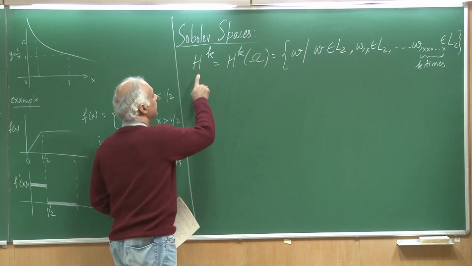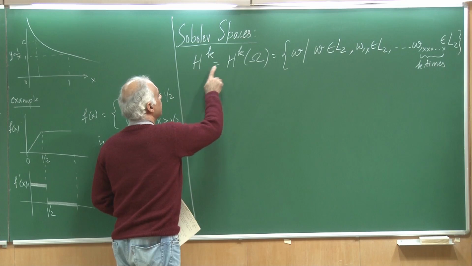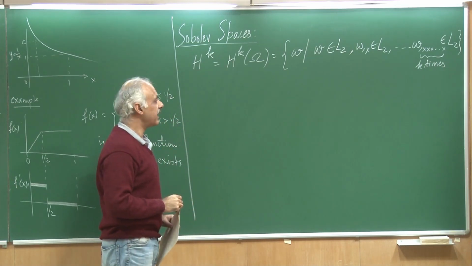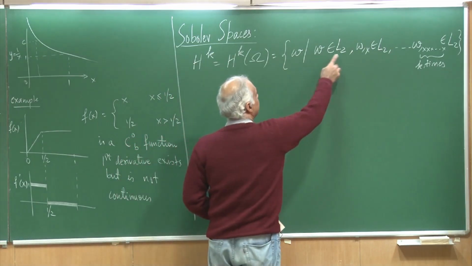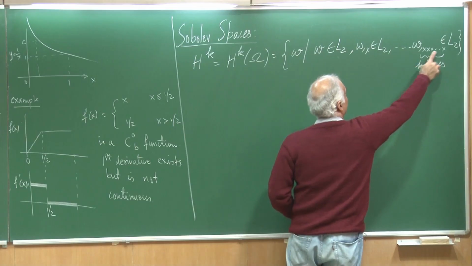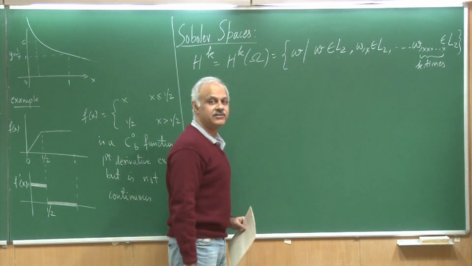So let me repeat. A function belongs to the space Hk if the function itself is L2, its first derivative is L2, second derivative is L2, all the way to the kth derivative.